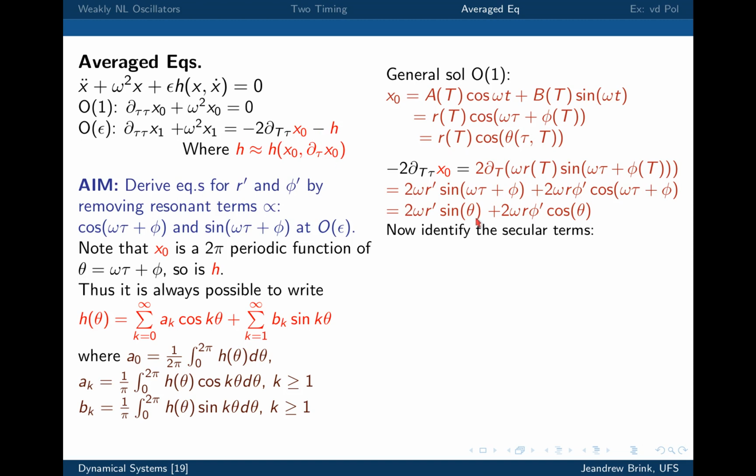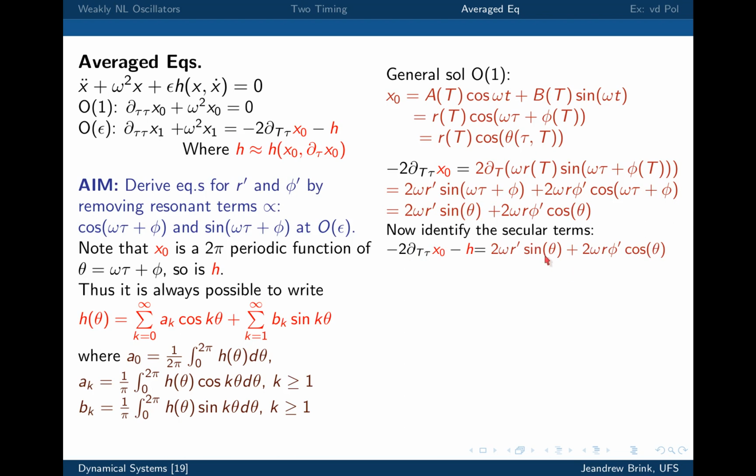And by secular terms, I basically mean all those things that have a frequency of omega. Okay, so the secular terms in this right-hand side, we get by simply writing out the whole of the right-hand side. So here is this first time derivative, so this mixed time derivative is over there.